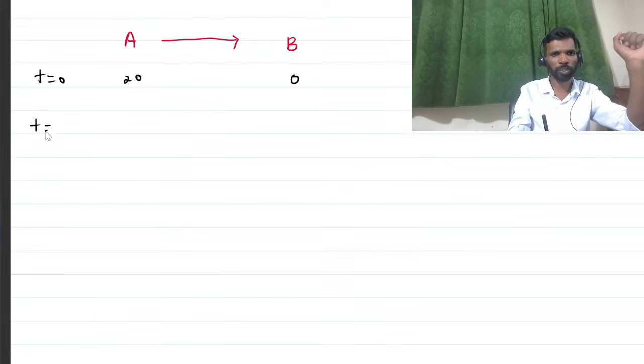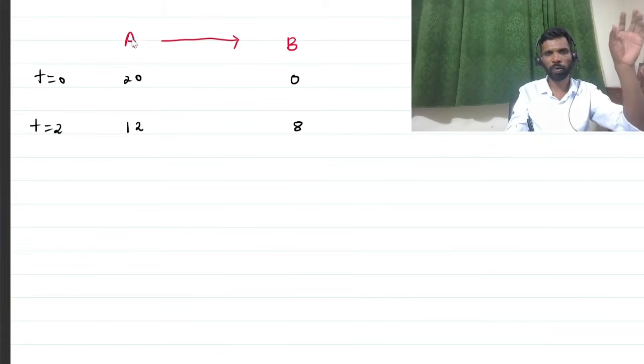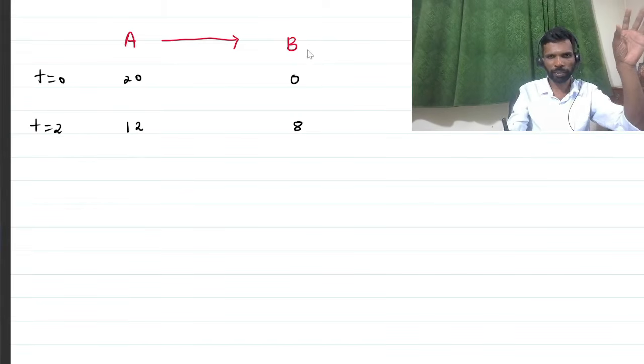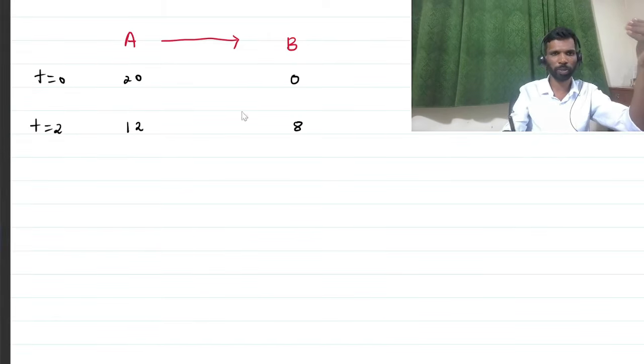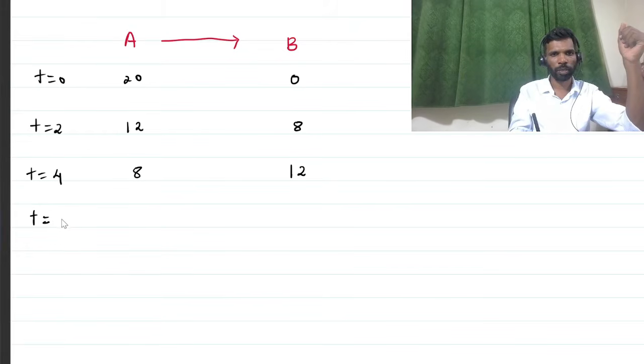Maybe after 2 minutes, this will become 12, and I'm writing this side, it will become 8. Don't worry about these values. What we have to understand is that the concentration of the reactant decreases and the concentration of the product keeps on increasing. Maybe after 2 more minutes, this will drop down to 8 and this will become 12. Maybe after 2 more minutes, this may become 6, means it is decreasing.